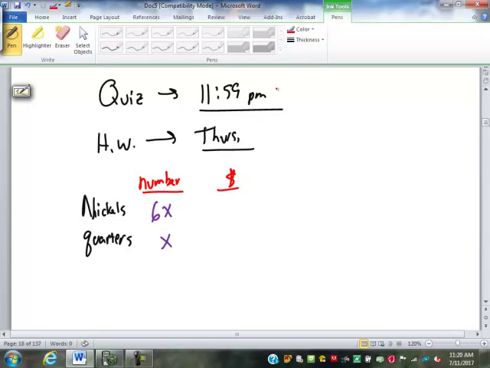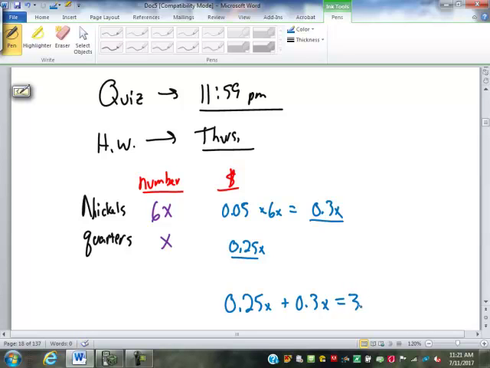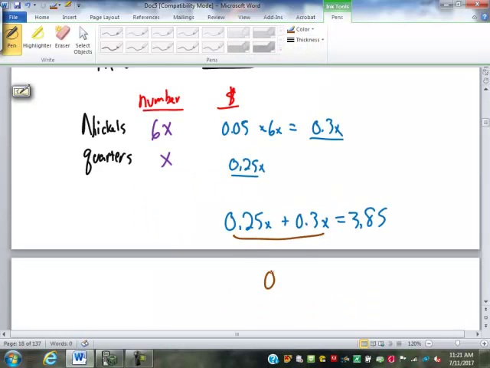The dollar amount is going to be 0.05 times 6X, which is going to be 0.3X. 0.05 because the nickel is 5 cents, right? The quarters will be 0.25 times X, so just 0.25X. So 0.25X plus 0.3X equals $3.85. Combine those: 0.55X equals $3.85.